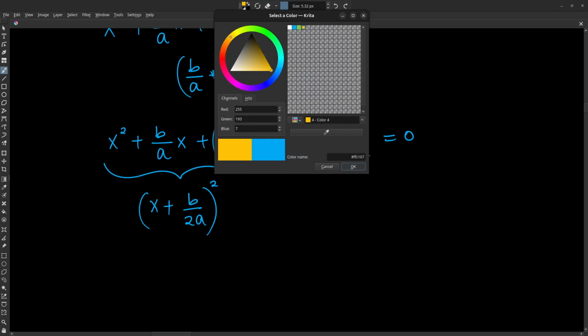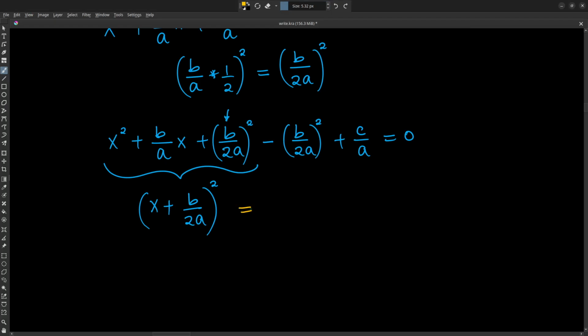So doing x plus b out of 2a squared is the same as x plus b out of 2a multiplied by itself. So this is the same as x times x, that's going to give us x squared.